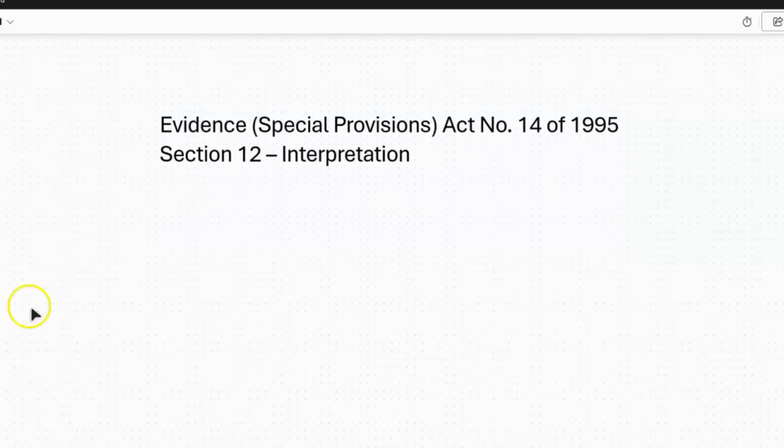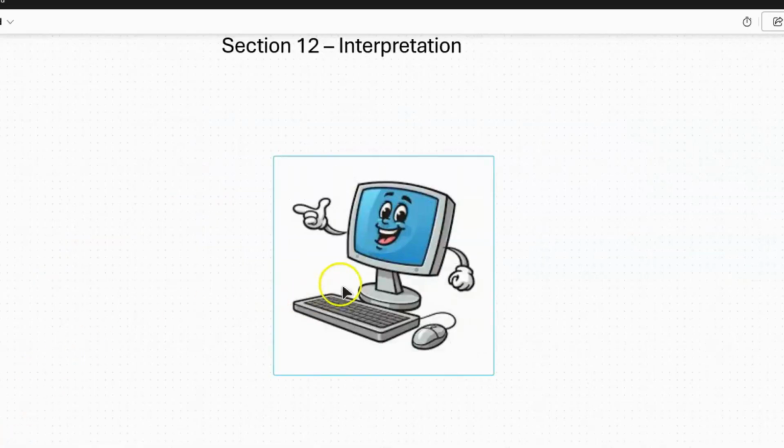First word is computer. What is the legal meaning of computer? A computer is any device that can store and process information. What is the simple meaning of a computer? A computer is any electronic device that stores data and works with it.